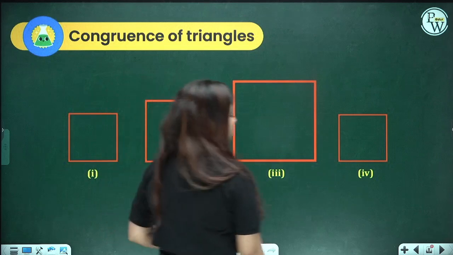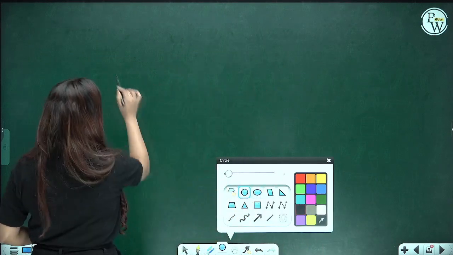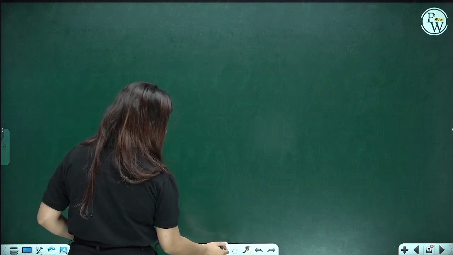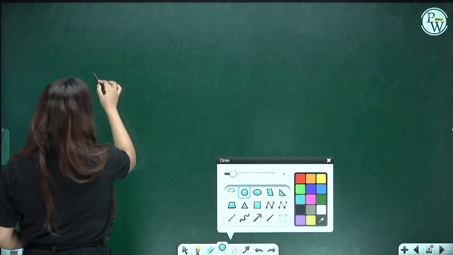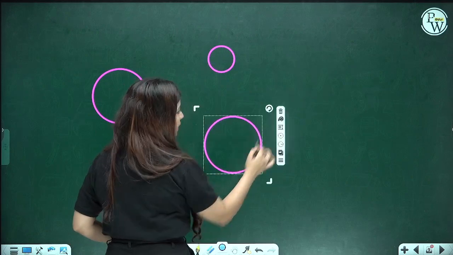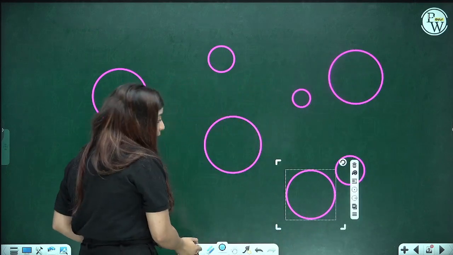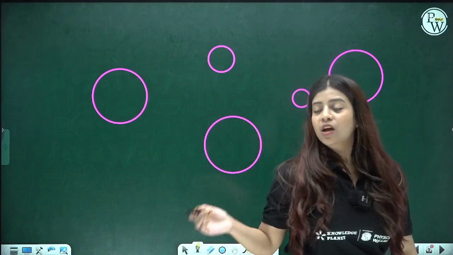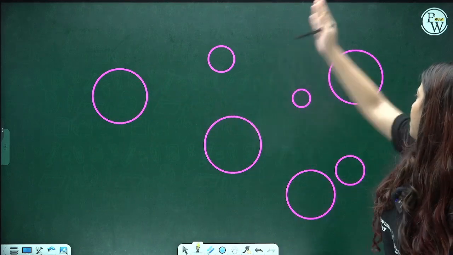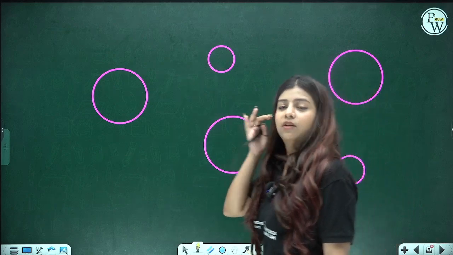The same goes with circles. All circles, right? We are very well aware that all circles look like this. But when I talk about the size, you can clearly see the shape of all of them is the same. All of them are circles.